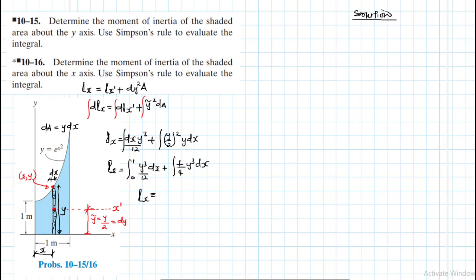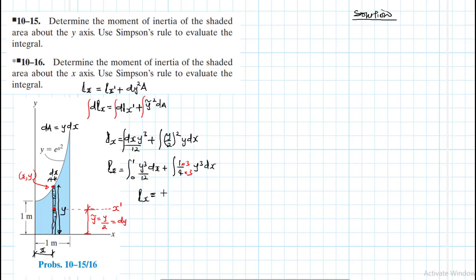We can multiply both sides by 3, and we still have our y cubed dx.